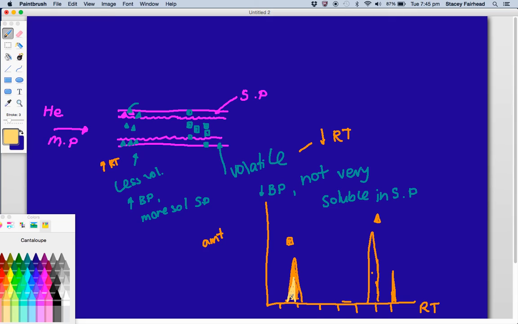The presence of the peak in the same spot tells you that this substance is present. But note here on the yellow one, I've got less of it, so it's the area underneath that's telling you how abundant it is.